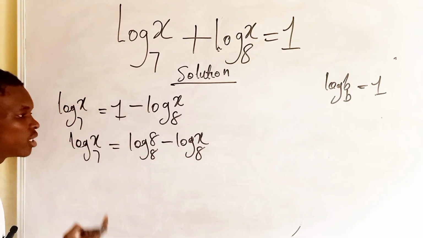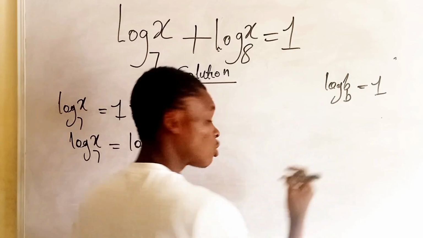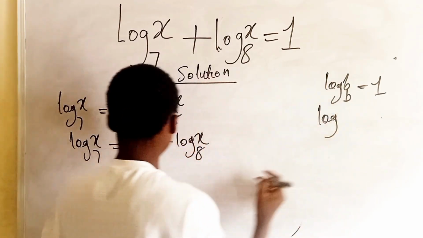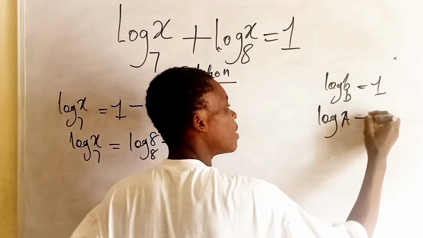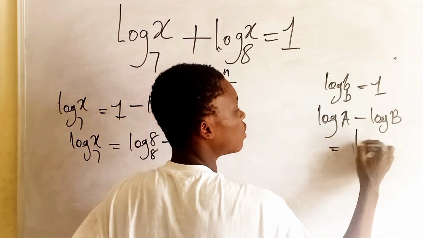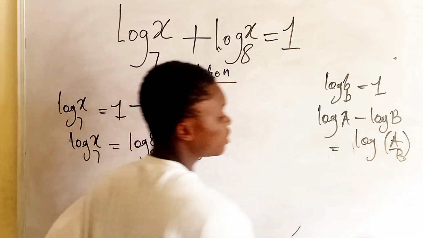bases are the same, we can apply the subtraction law of logarithm. If we have log a minus log b, this equals log a all over b. Why are we saying so?